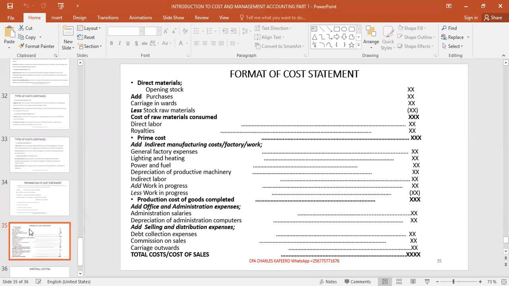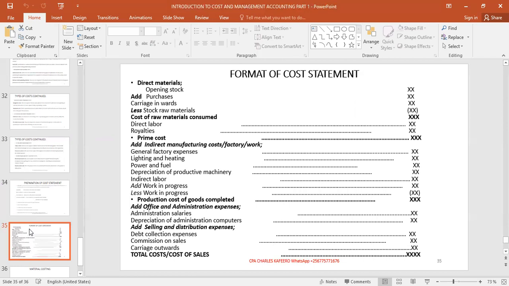When you get the production cost, then we may be having some opening work in progress and closing work in progress. You add back the opening work in progress, and you less the closing work in progress to get the production cost of goods completed.